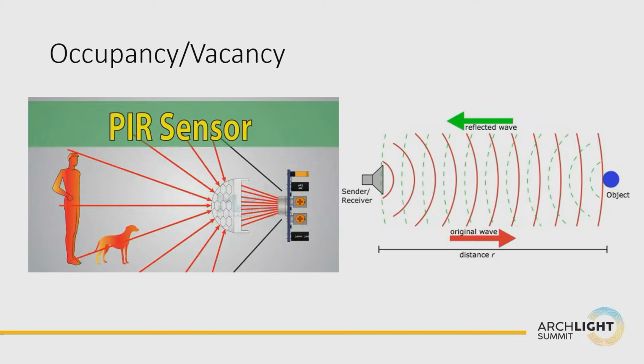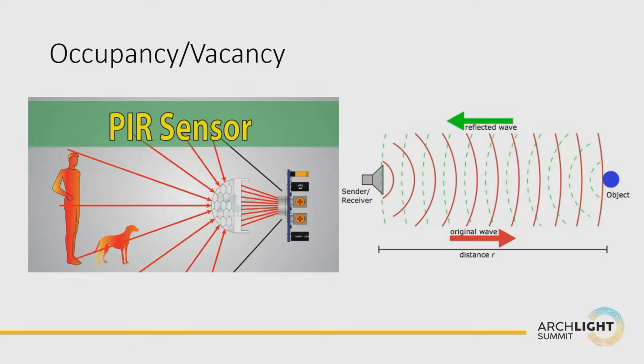So with a PIR, it's just like the old school remote, where if you stood in front of it, the remote doesn't work, right? So they're putting out an infrared signal, and if it makes connection, then they know that the space is not occupied. If it doesn't make connection, they know the space is occupied, and we'll talk about what that means in just a second.